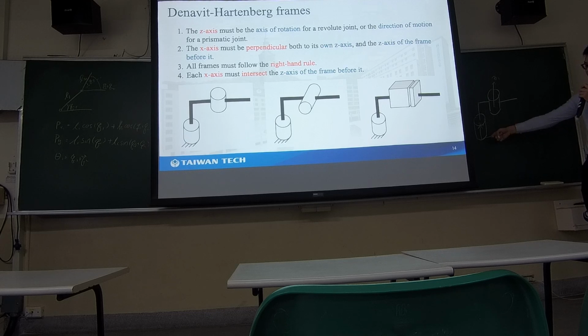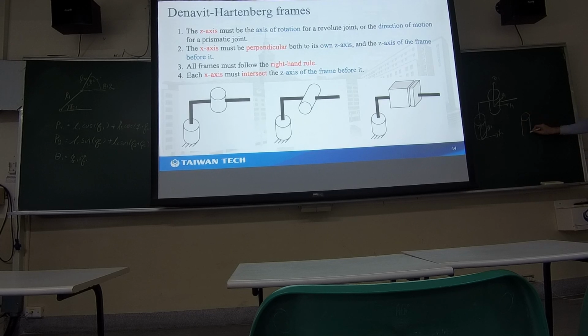If you want to take it here, it's fine. And this is perpendicular, so here is okay, but we just follow it. And through the right-hand rule, we all know the y-axis is into the board. So I think all of you have done the coordinate frames right.